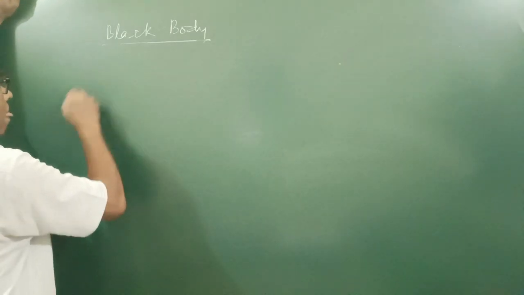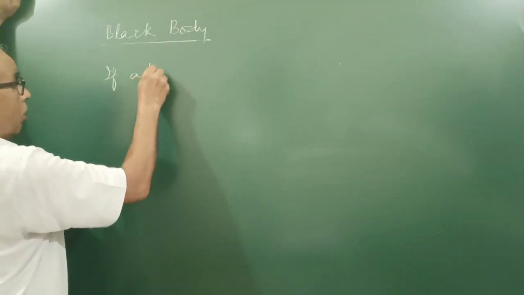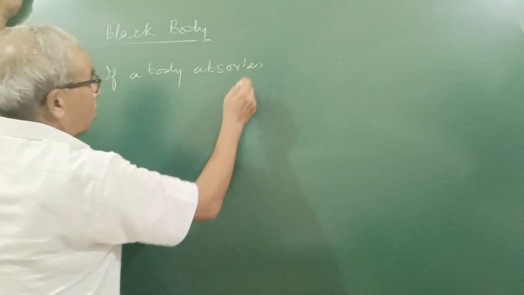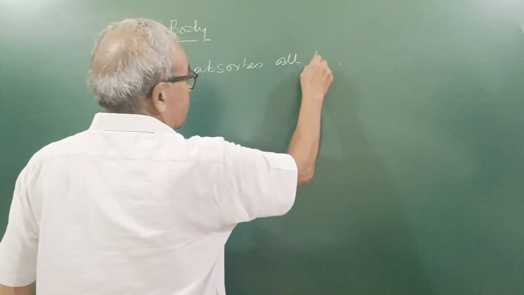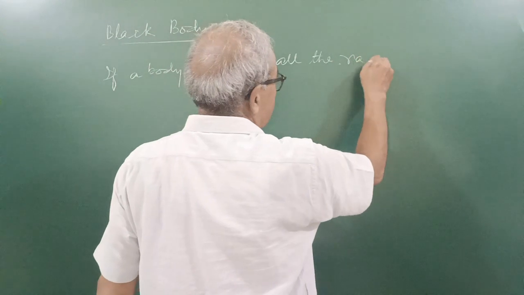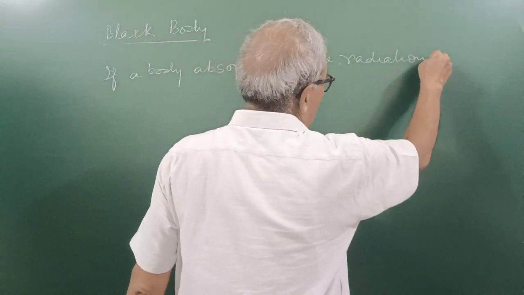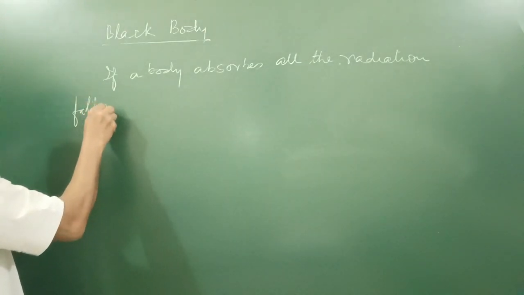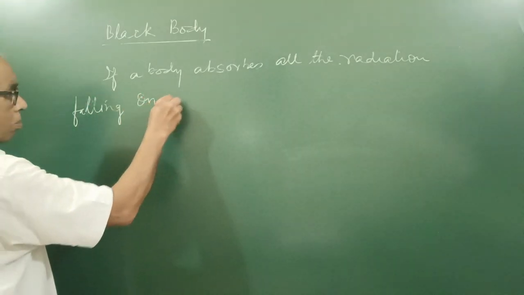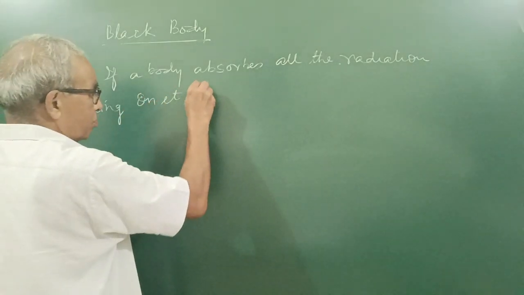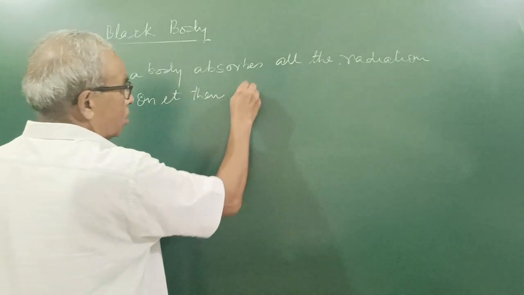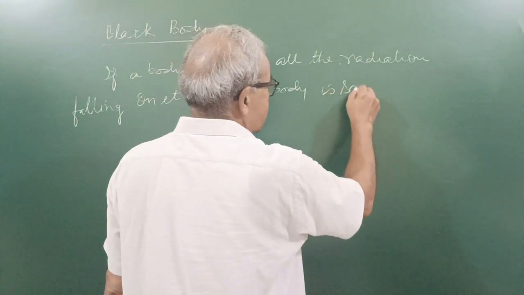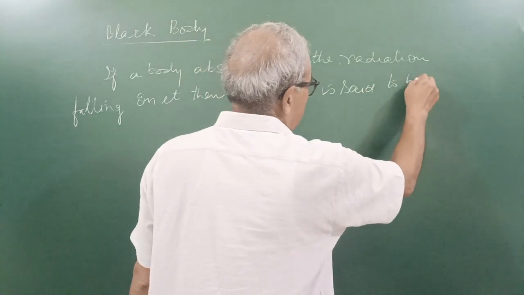So, if a body absorbs all the radiation falling on it, then the body is said to be a black body.